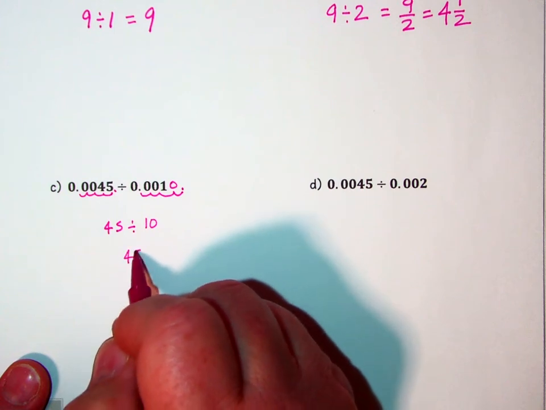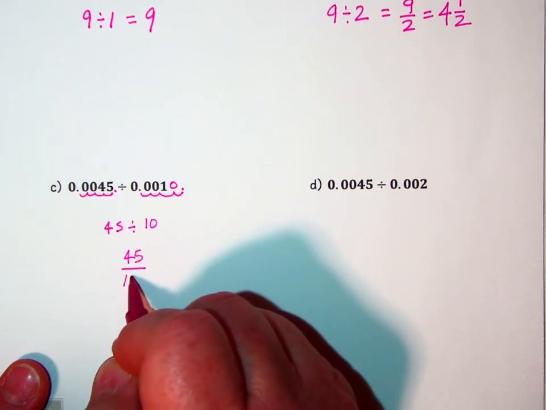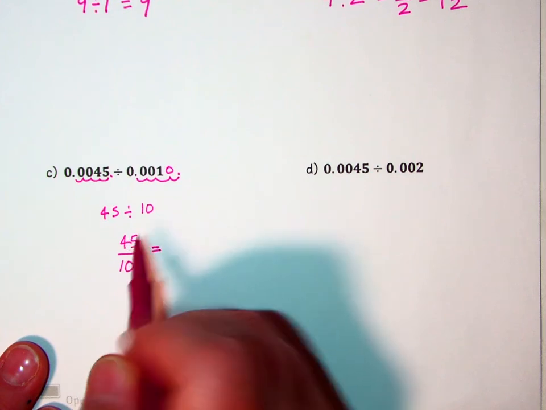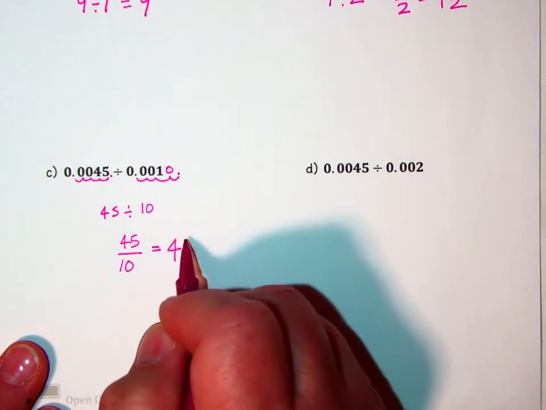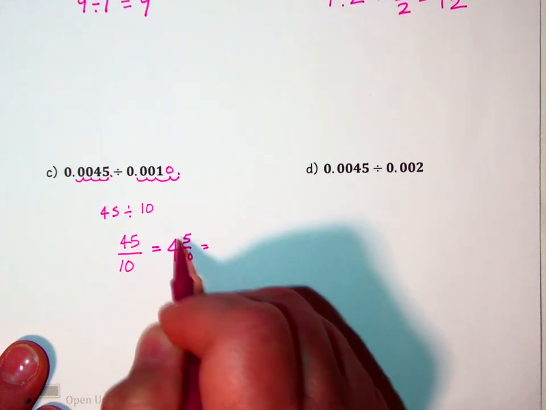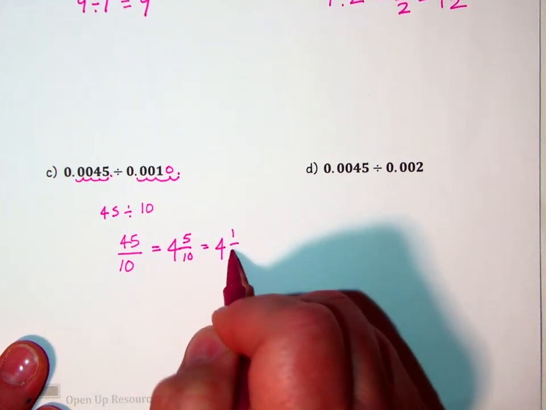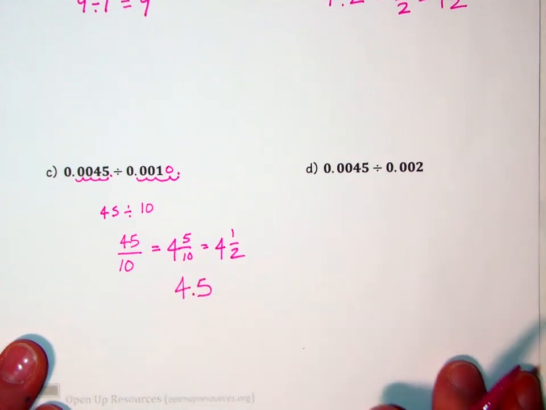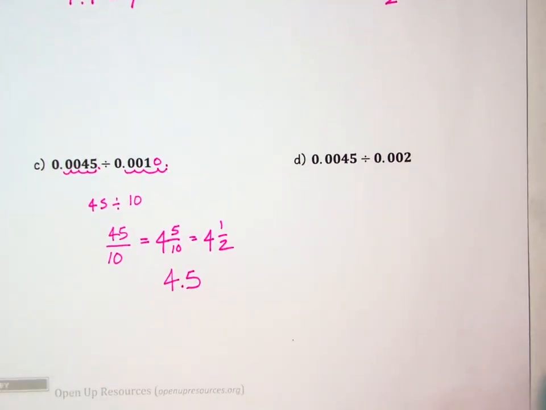And again, I think the easiest way to do this is to write it as a fraction and simplify it. 10 goes into 45 4 times with a remainder of 5. And then 5/10 simplifies to 1/2, or if you want it as a decimal, 4.5.